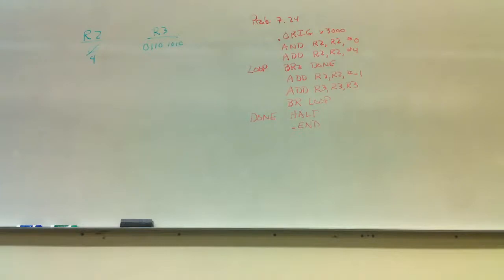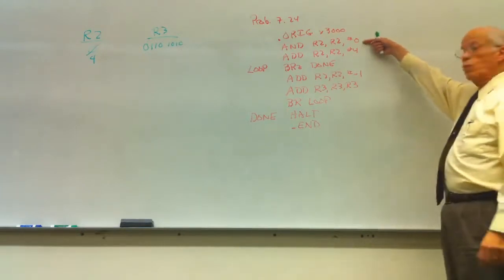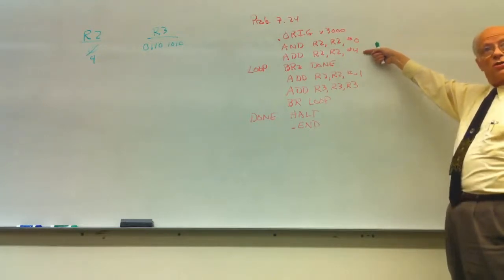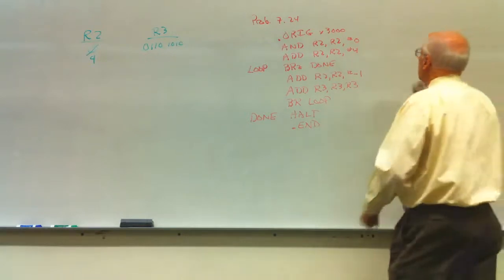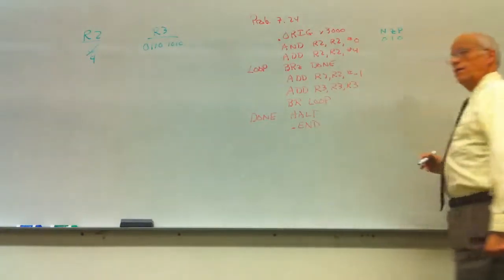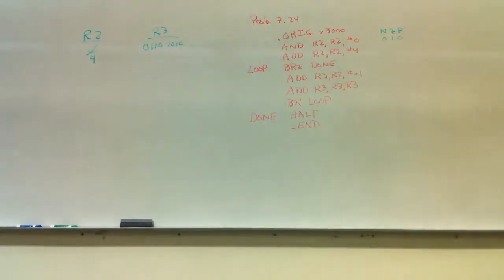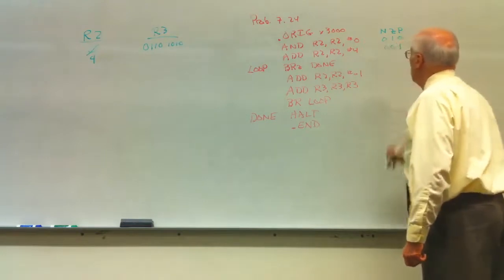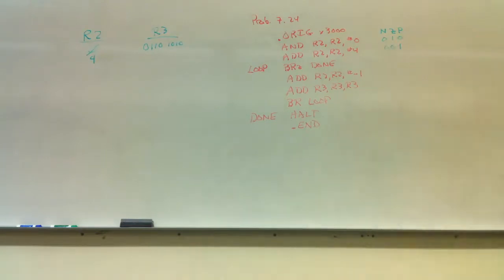And this would have set the Z bit because the result of that operation was 0. This one changes it. After this instruction, we'll have 0, 1, 0, because the result of that instruction was a 0. After this instruction, it's going to be 0, 0, 1, because add also changes them.